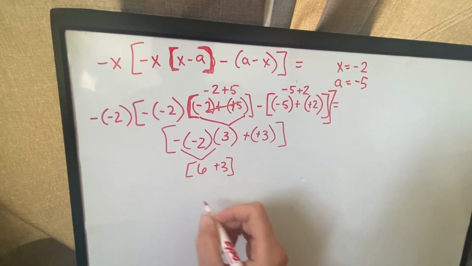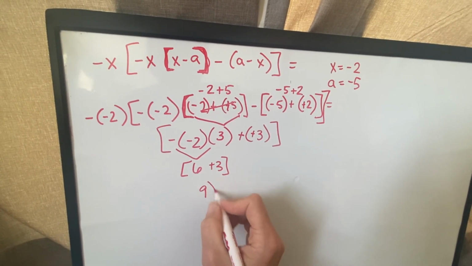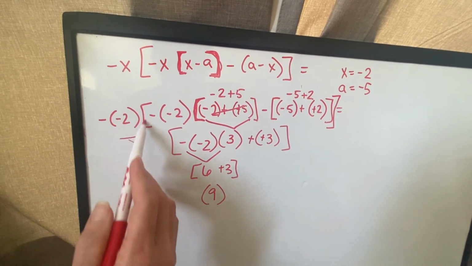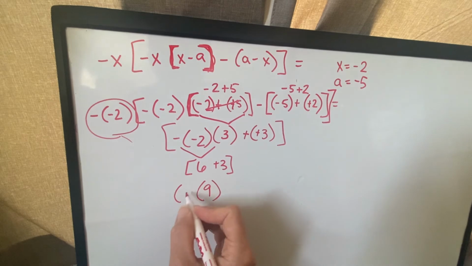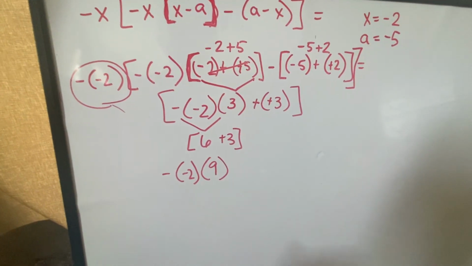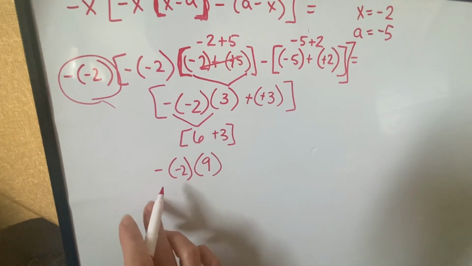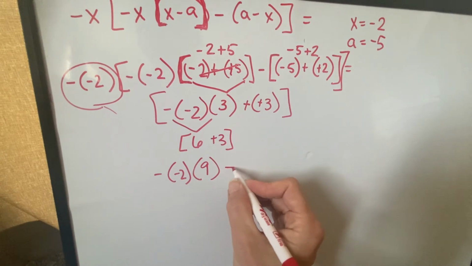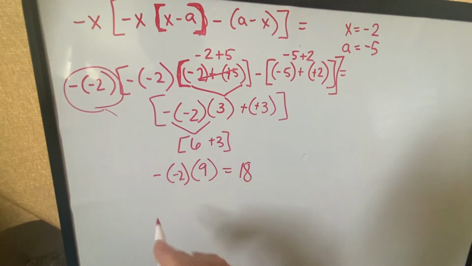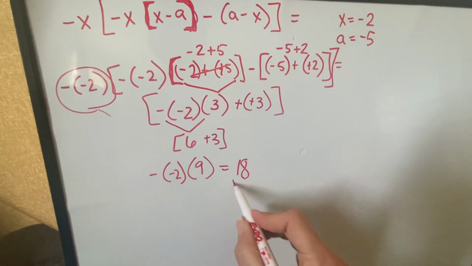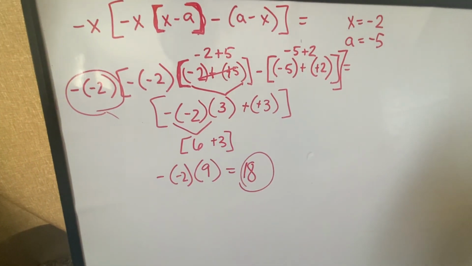So this answer actually is going to become 9. The only thing that we have left is this on the outside. So this would be -2 and then a negative. Pretend it's like -1. -1 times -2 times 9 is 18, and it's positive because there's two negative numbers there. So the answer would be 18.